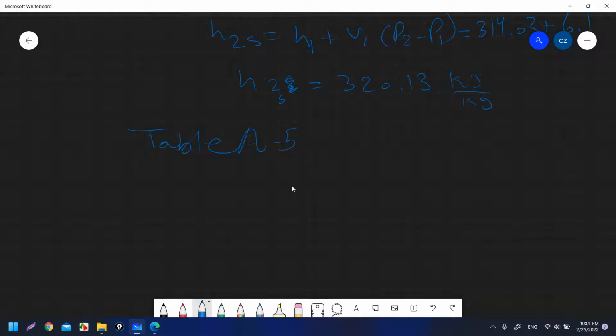Okay, so I would say that at P2 equal to P3, 6000 kilopascal, T3 is higher than the saturation temperature, so 450 degrees Celsius is higher than 275.59 degrees Celsius, and it is a superheated state.